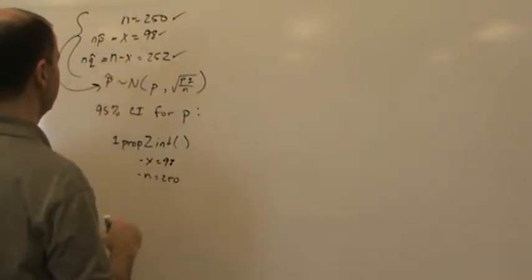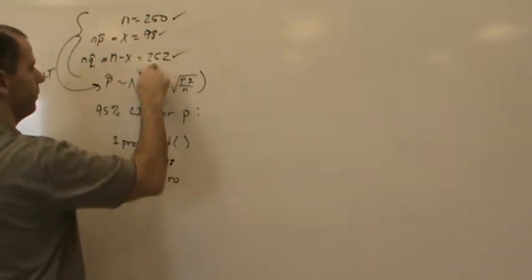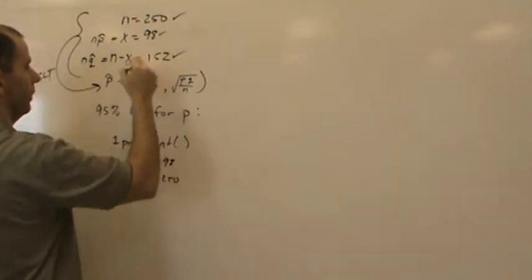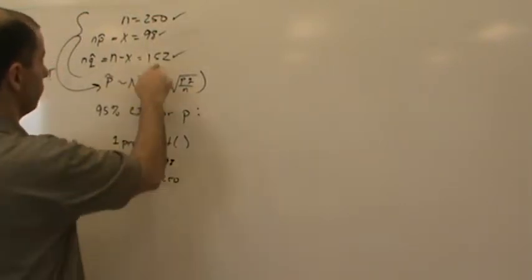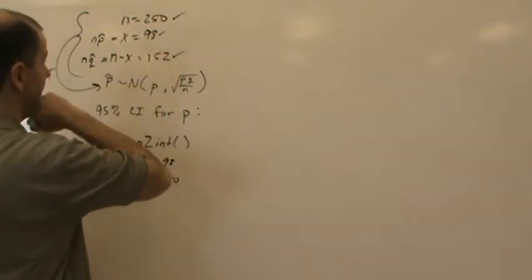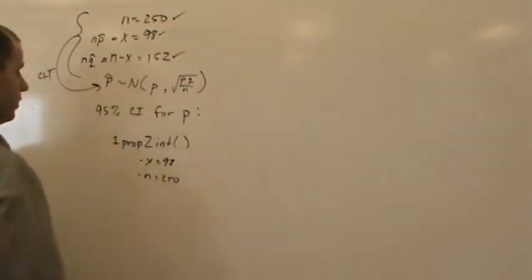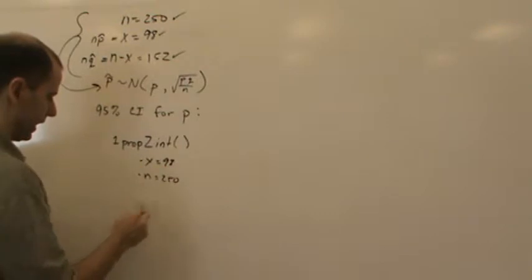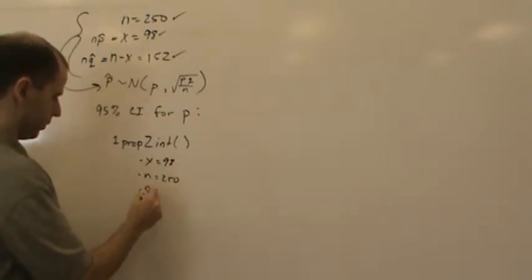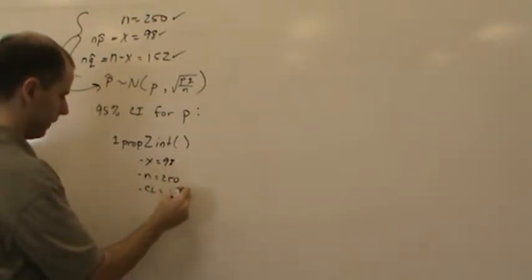Oh, hold on a second. It can't be 252, it has to be 152. So 152 plus the 98 gives us the 250. So n is 250, x is 98, and then of course our confidence level, which is 0.95.